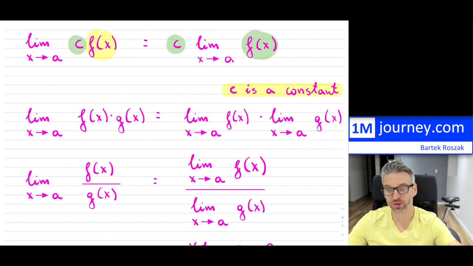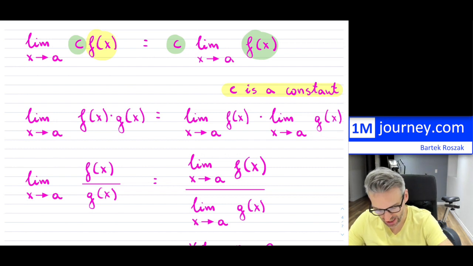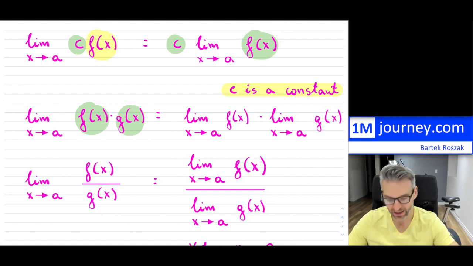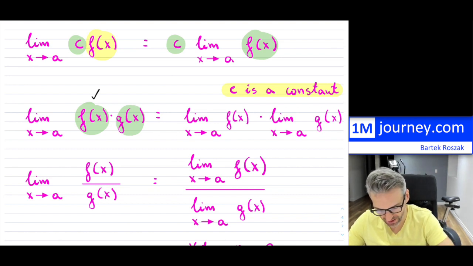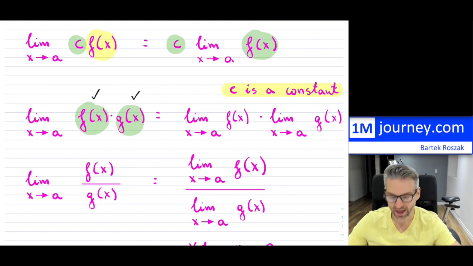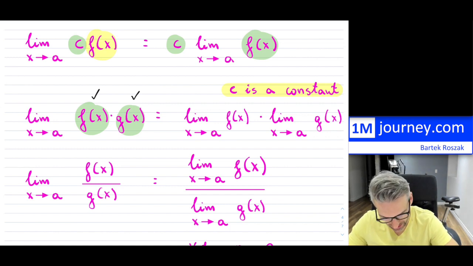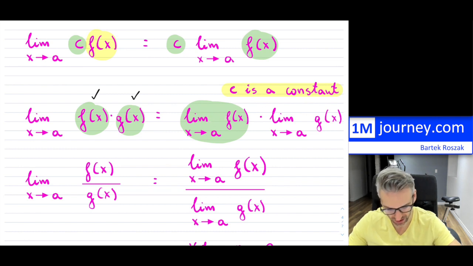The one just below it: if you're taking the limit of 2 functions being multiplied, and you know that these 2 limits exist, then again, it's almost like you can distribute within the actual multiplication. So this is equivalent to taking the limit of the first function and multiplying it by the limit of the second function.